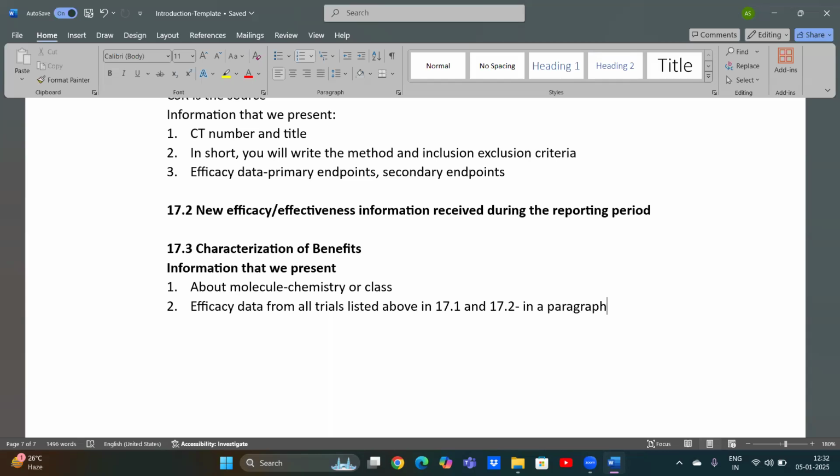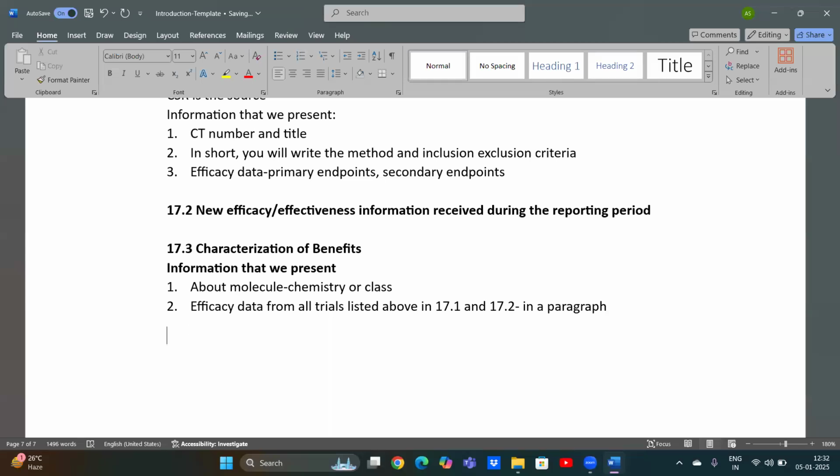Sometimes with generic molecules it is not applicable, but for innovator molecules there is a standard text you can take from the previous paper. You just have to copy paste, as there is no new information. If there is nothing in 17.2, just copy paste from the previous paper. If you are writing the first paper, write in the same manner I mentioned here. Okay, got it?